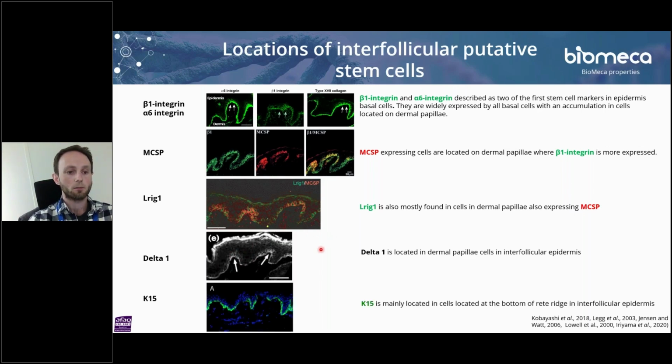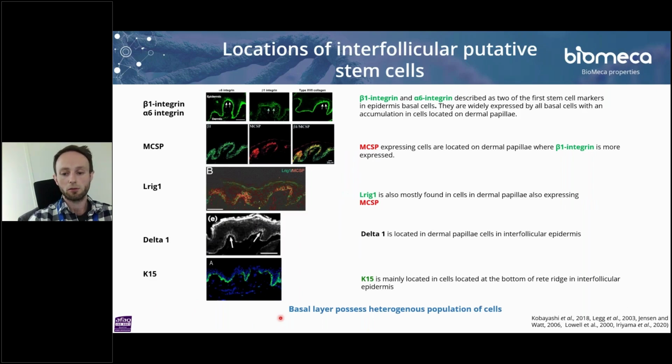In contrast, some proteins, such as keratin 15, are enriched in cells located in the rete ridge area, and sometimes we can detect weak expression in cells located in dermal papilla, but the cells that express these proteins the most are located in the rete ridge. So based on the expression of these proteins, this indicates that basal cells from the interfollicular epidermis possess a heterogeneous cell population.